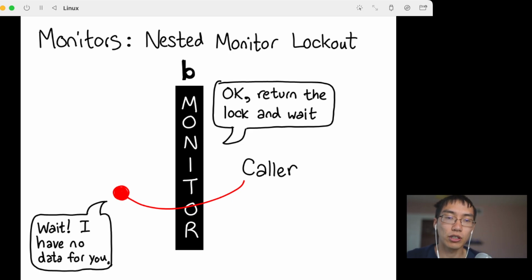Returning the lock is important because I need to be able to run other code on the inside of B, which is going to be actually responsible, for example, for notifying me that I need to unlock myself, right? So I need to return the lock for B. And so Java knows when you call wait to release the lock from B.